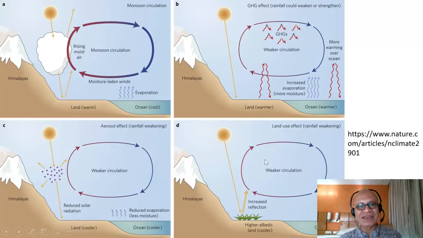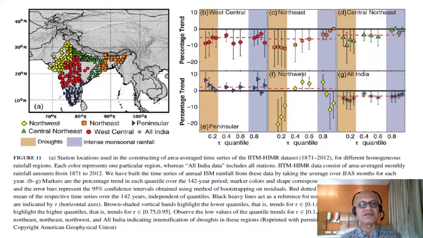So role of land use change in both the mean rainfall and the circulation changes, as well as the extremes, remains to be fully understood. But we will mention this again when we look at a summary of some of the papers that have looked at the changes in extremes at various time scales.